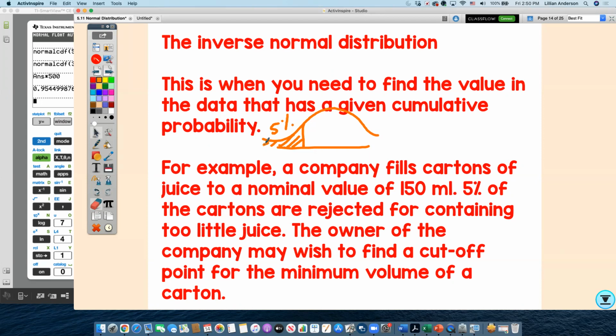The owner of the company may wish to find that cutoff point, the minimum volume of the carton that's going to cause us to reject it because it has too little juice. We don't know what that value is. We don't know how many milliliters that is when we start to reject it. You use inverse normal to find this out. Inverse norm finds the X value on the normal distribution curve. Normal CDF finds the probability.